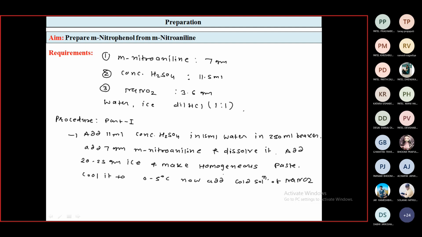3.6 gram NaNO2 in 8 ml water, over a period of 10 minutes, until starch iodine paper gives positive test.